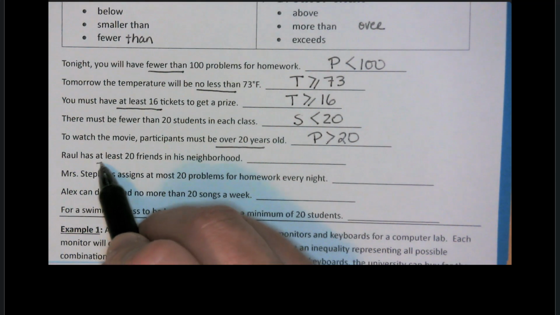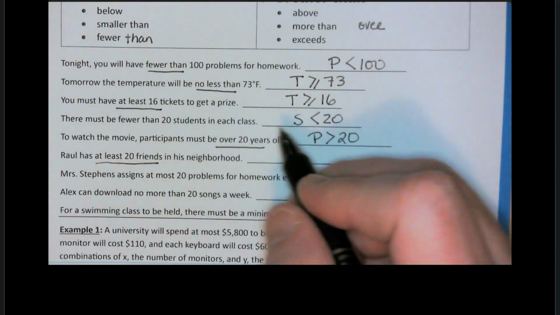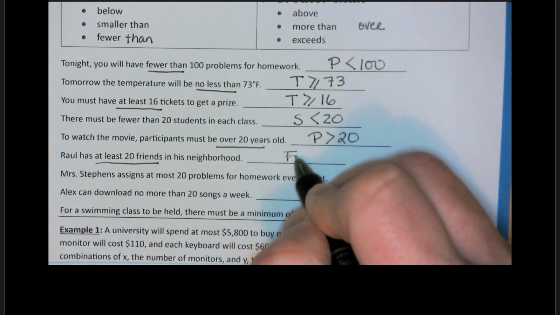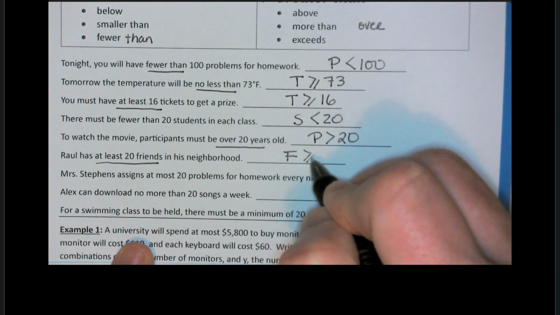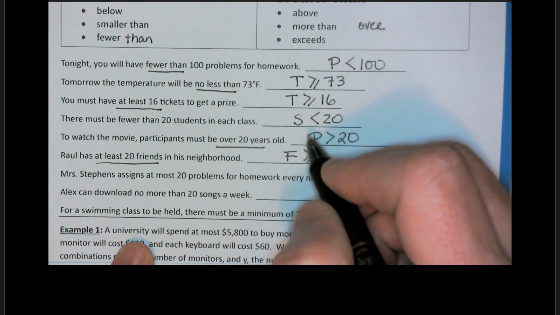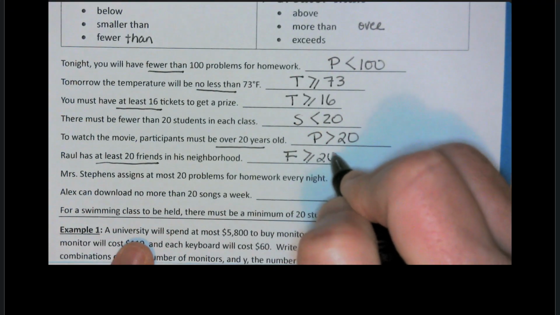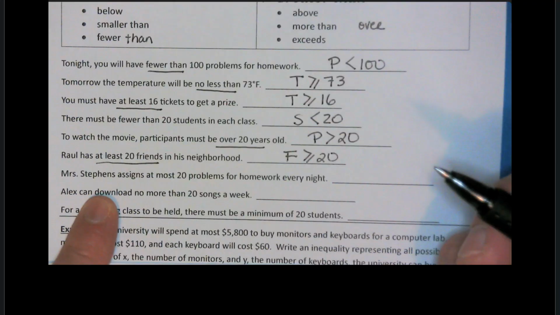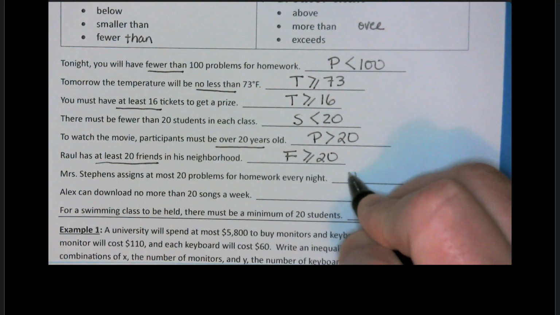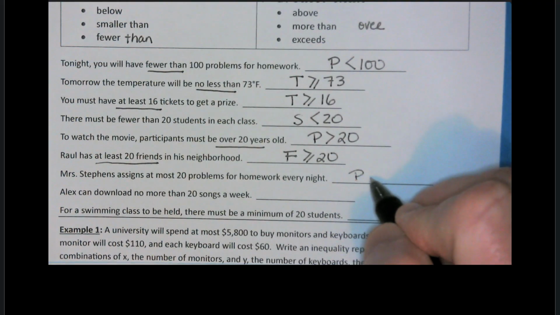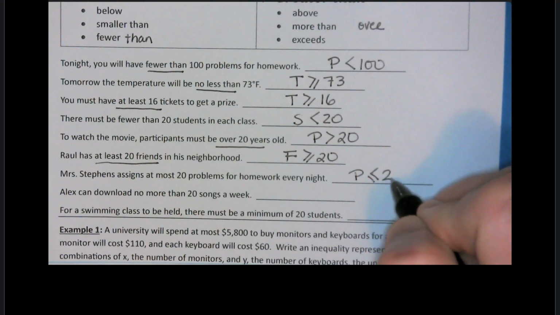Raul has at least 20 friends. So friends would be F. At least would be the symbol greater than or equal to 20. Next one says Steven assigns at most 20 problems for homework. So we're talking about problems, so P, and at most would be less than or equal to 20.